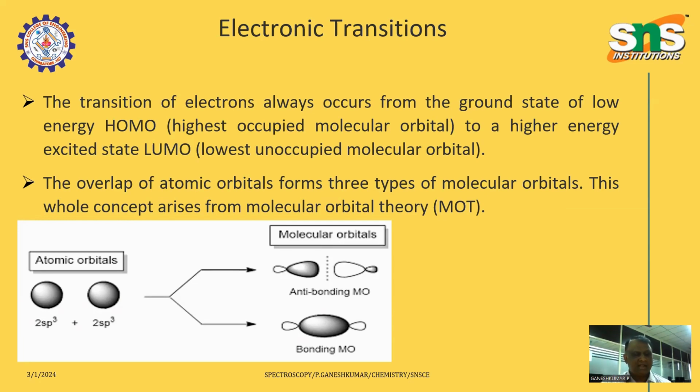A single H is an atom which has an atomic orbital, and H2 is a molecule, so it has a molecular orbital. These molecular orbitals will be in two levels: one is bonding molecular orbital, and the other is anti-bonding molecular orbital.